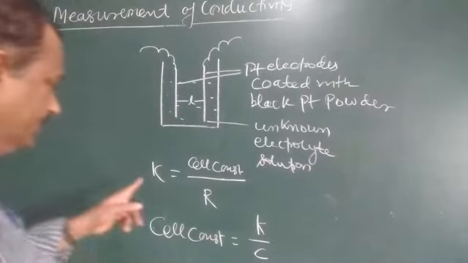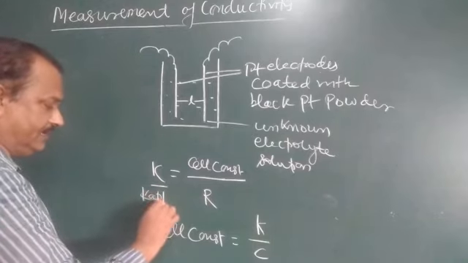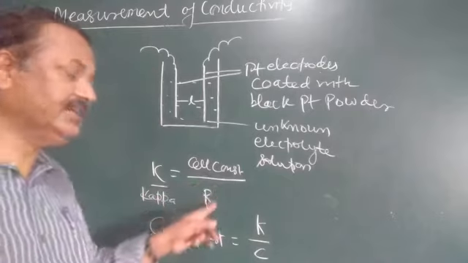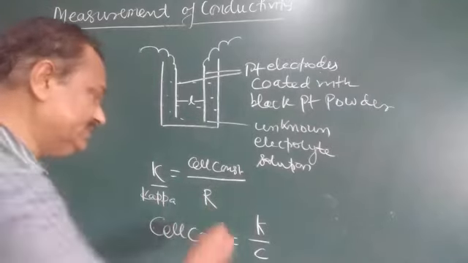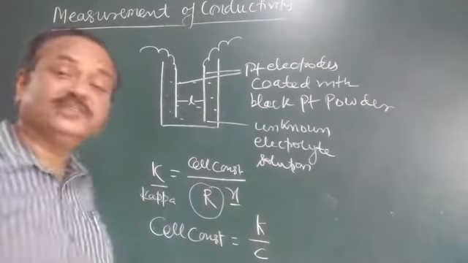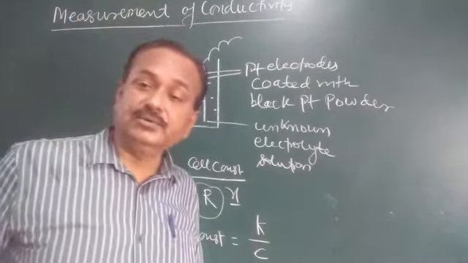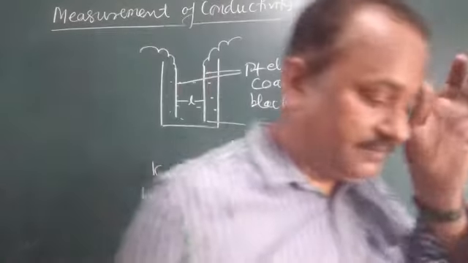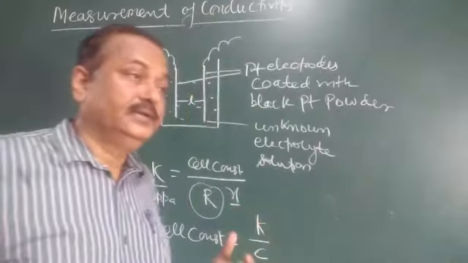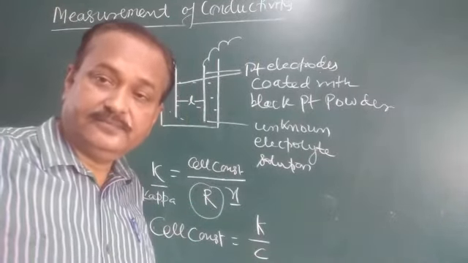Now last part, this kappa conductance is equal to cell constant upon R, and this R is X, or it is unknown, and so by using this we are able to determine the conductivity of any particular cell.